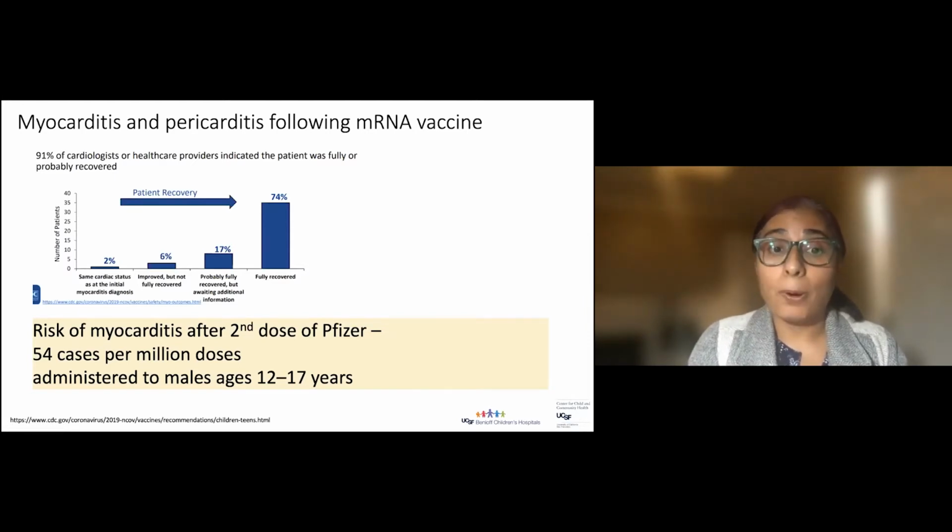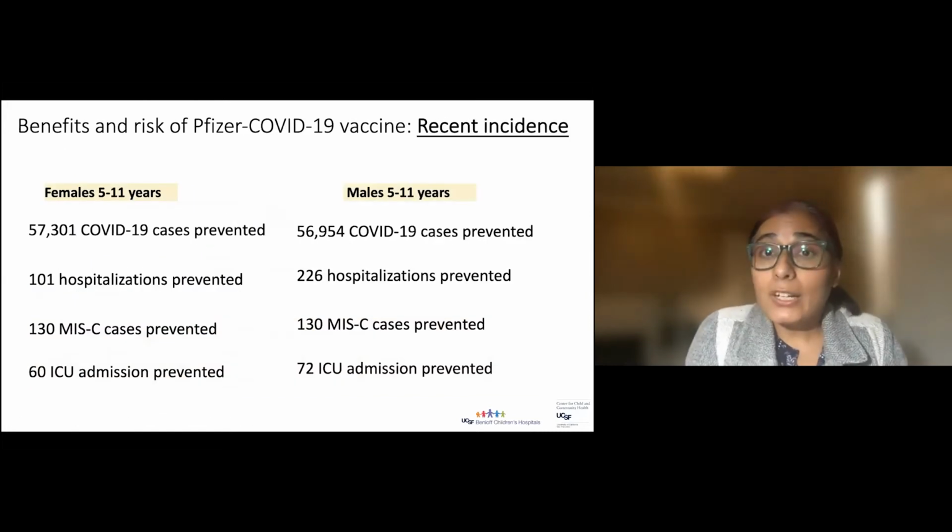And then the risk of myocarditis after the second dose of Pfizer vaccine was reported to be 54 cases per million doses administered to males between 12 and 17 years of age. That convinced me. When we look at risk and benefit, in terms of the recent surge, vaccination would prevent about 56,000 cases, over 100 hospitalizations, over 130 cases of MIS-C, and about 60 to 70 ICU admissions.